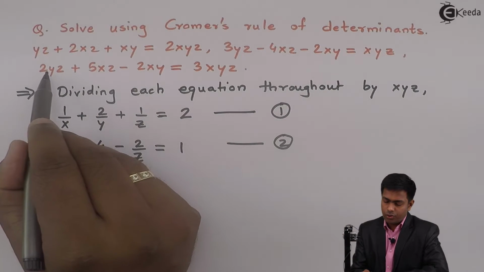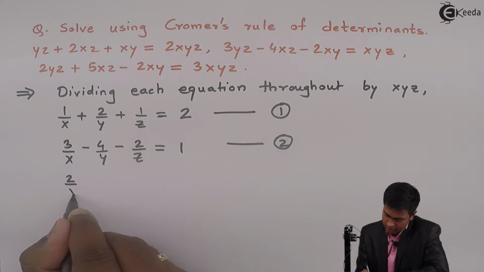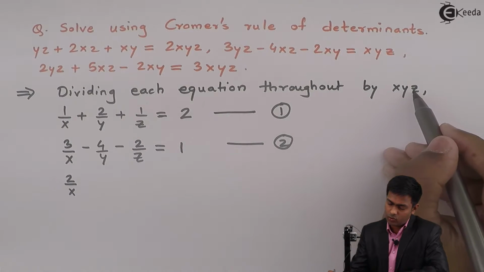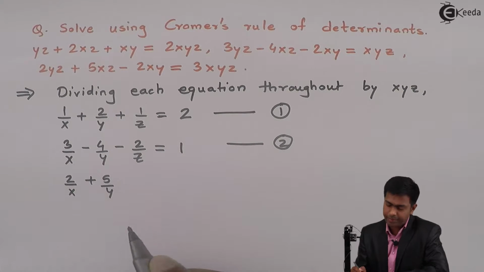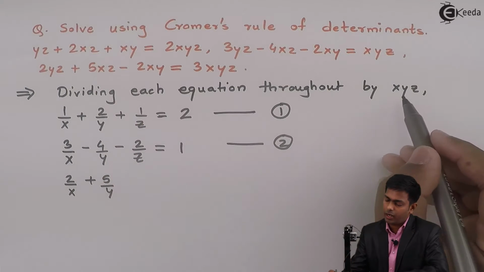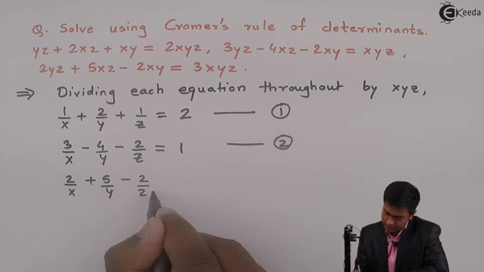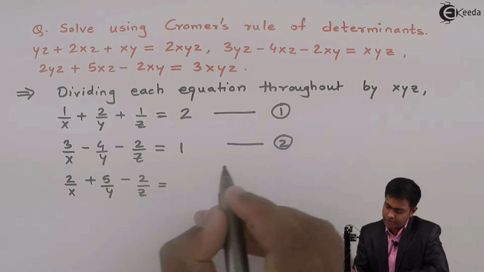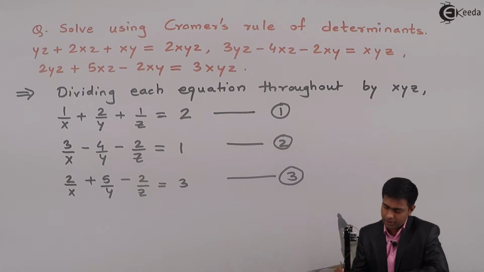Next, 2yz upon xyz, that is 2 upon x, 5xz upon xyz, so plus 5 upon y, and minus 2xy upon xyz, that is minus 2 upon z. So 3xyz upon xyz will give us 3, and here we will get equation number 3.